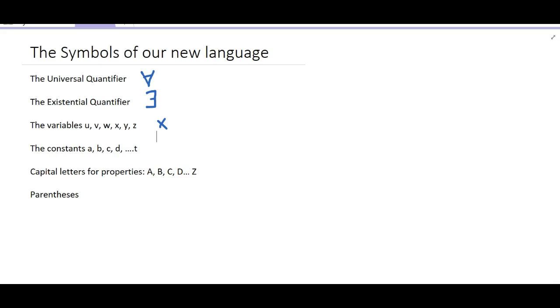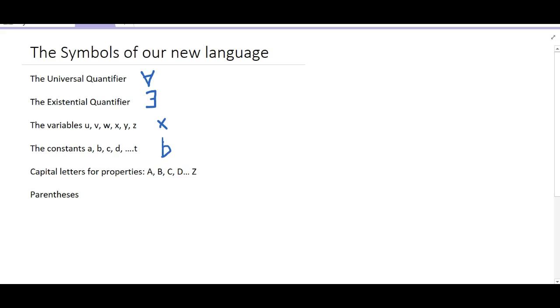On the other hand, the constants, that is lowercase letters A through T, stand for individuals. They're names for individuals. So for example, if you wanted to refer to Barack Obama, you could use a lowercase b.